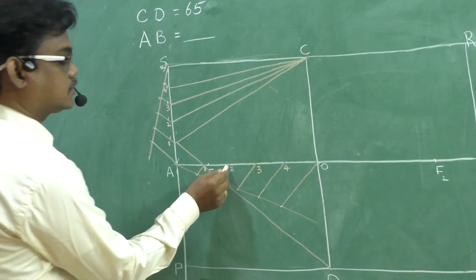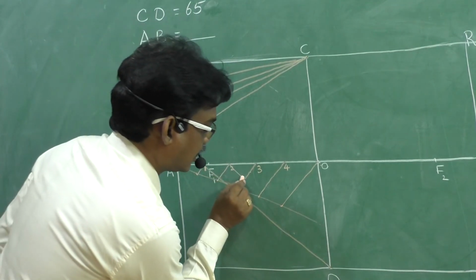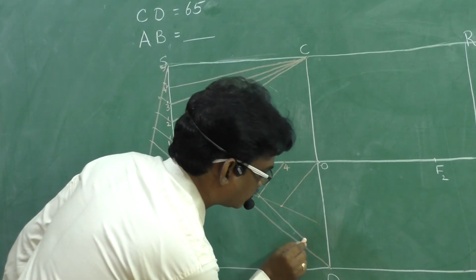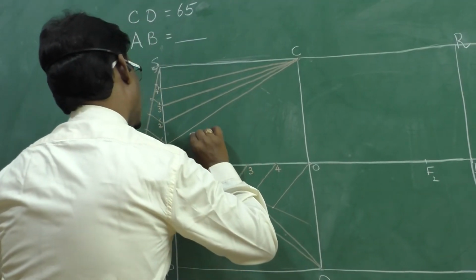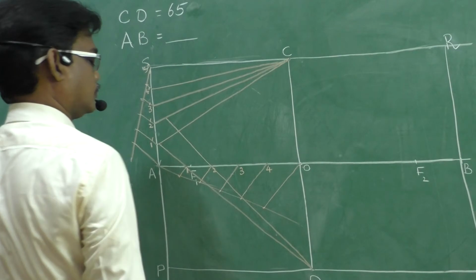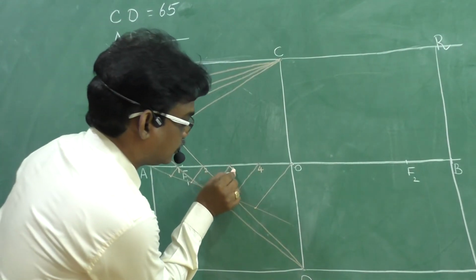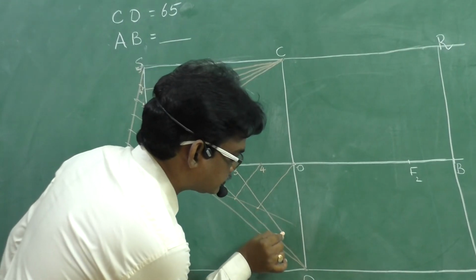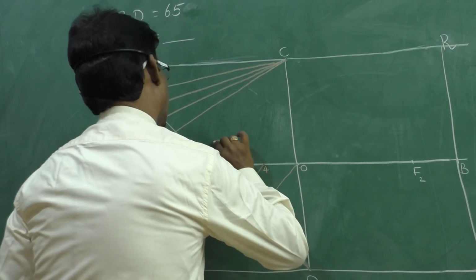Okay, next one. From D, we need to draw a line up to 2. After that, extend it up to 2 dash line. Okay, next. After that, from 3 to D, and extend it up to 3 dash line.